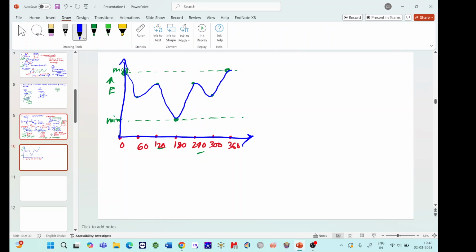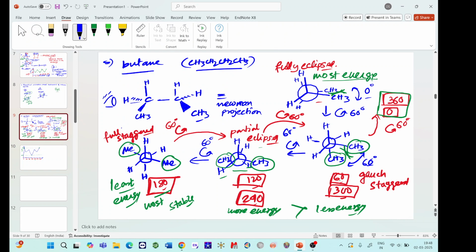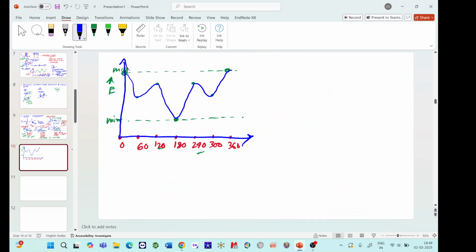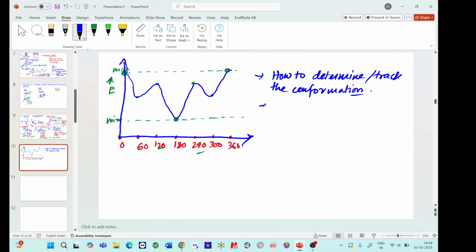It depends on the interaction between the substituents on the adjacent carbon. Okay, so now how can you determine or track the conformation? So you can see, it is an energy axis.